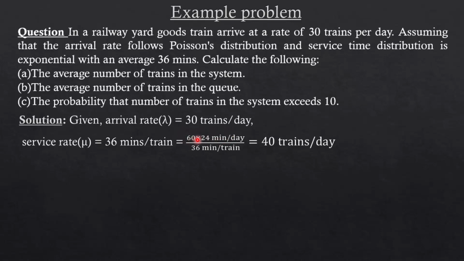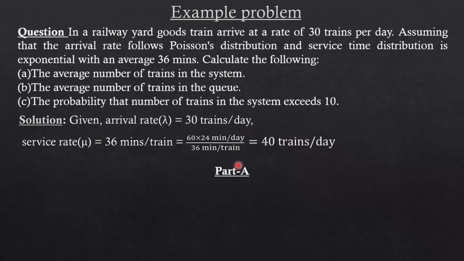So there are 60 minutes multiplied by 24 hours, so this is the total number of minutes in a day, and we have 36 minutes required per train. So by calculating this, we'll find the service rate as 40 trains per day. So it can serve 40 trains per day, and the arrival rate here is 30 trains per day.